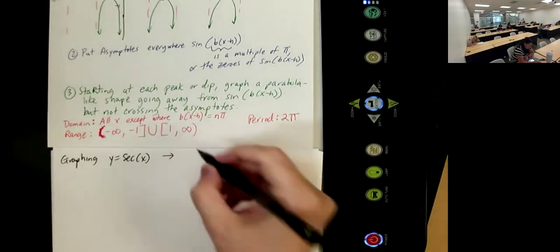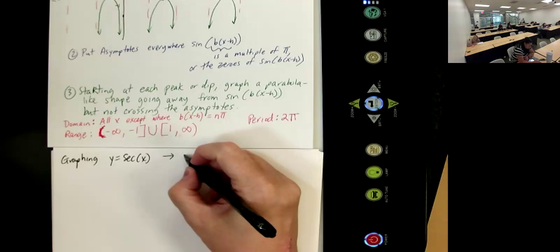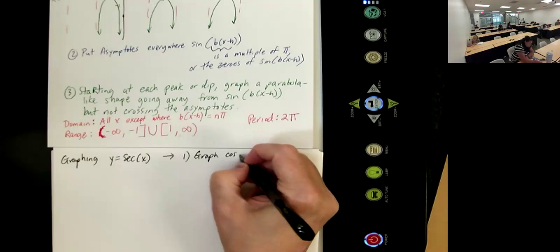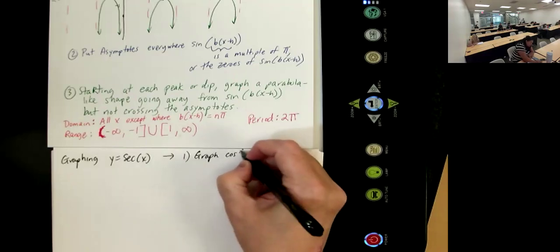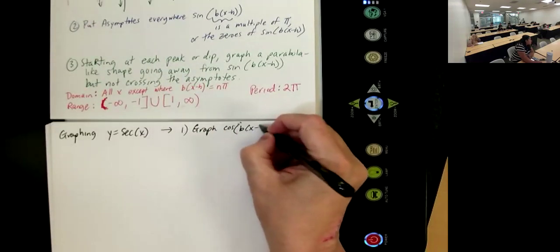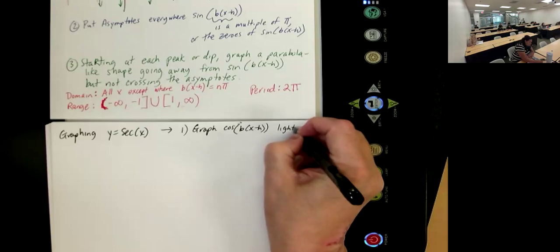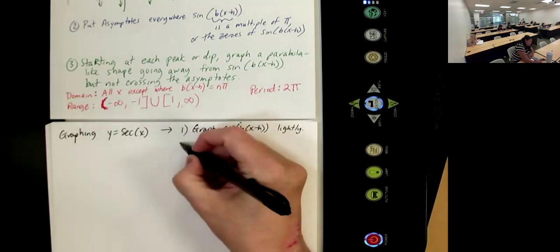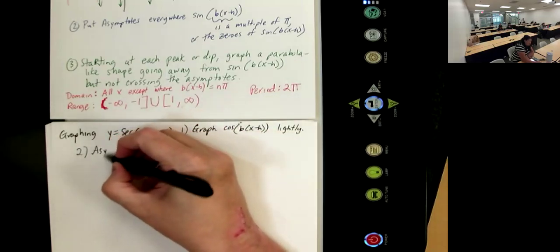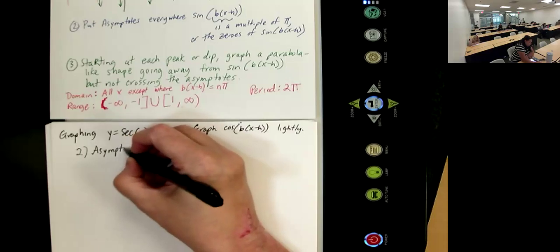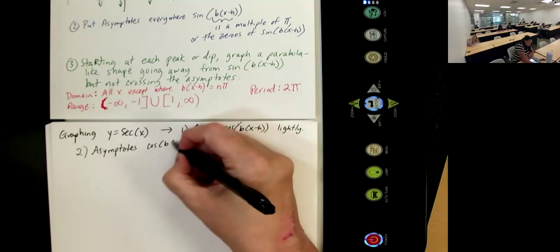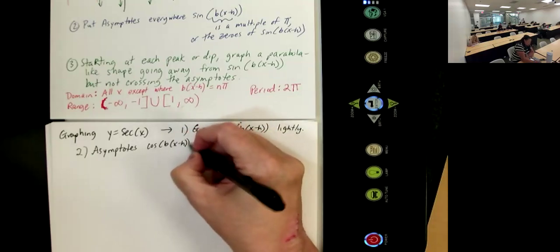Same thing, but for secant. Graph cosine lightly. The asymptotes are where cosine of b times x minus h equals 0.